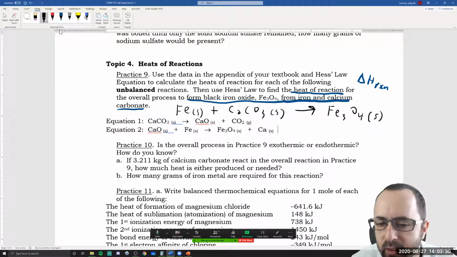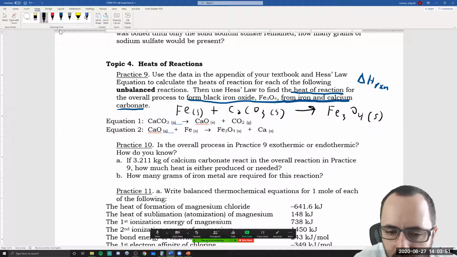So the question is, how would you add these reactions in such a way that you would get the overall equation that we're given? The iron plus the calcium carbonate is going to make the black iron oxide. Okay.